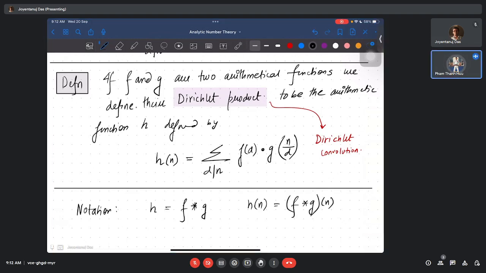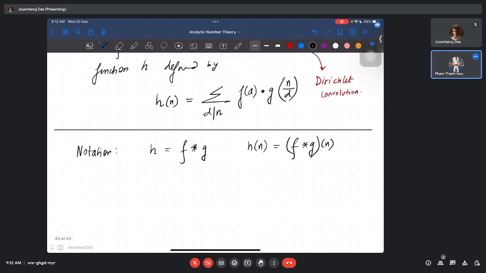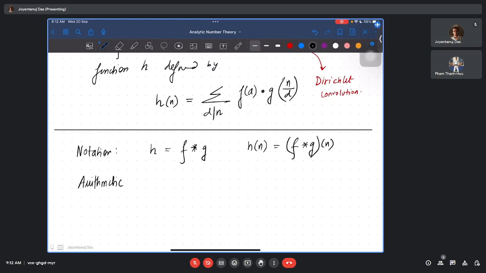We will also use capital N for the special arithmetic function, the identity arithmetic function, defined by N of n equals n. It is the identity function in the class of all arithmetic functions.